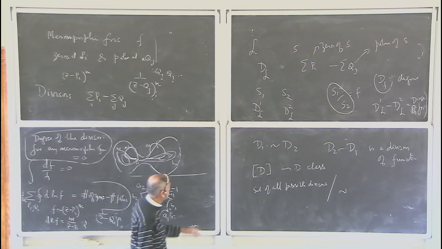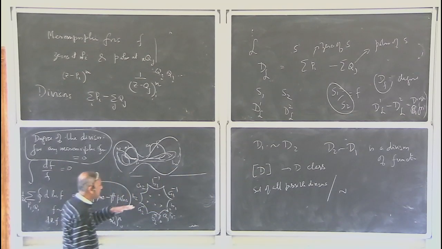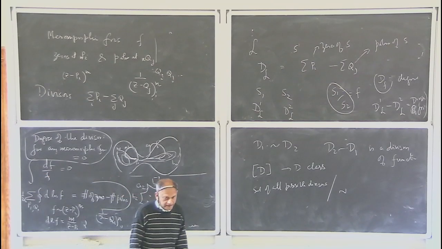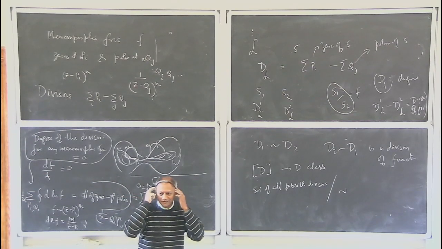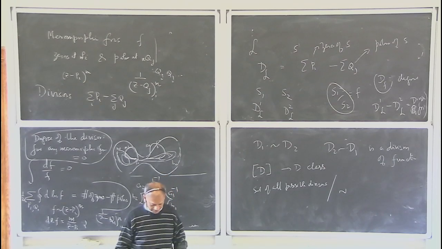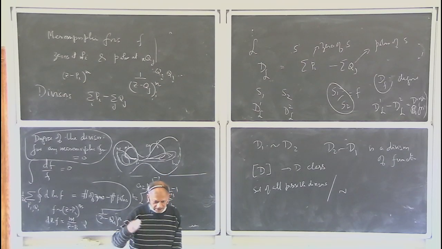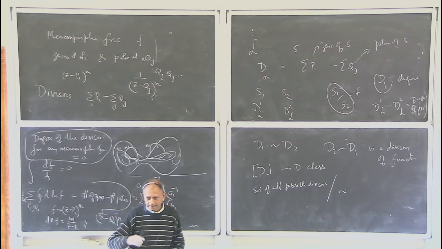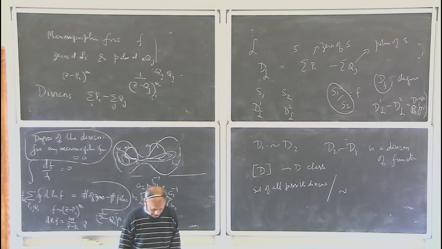Of course, we also learn that given a line bundle, the degree is always going to be fixed, right? The degree of any divisor of any section will be fixed. A degree, of course, is an integer, because that's a number counting the zeros and poles. So there is a classification of all the line bundles by giving the degree, but that is not the whole story. There's a bit more than that, and we'll come to that in a moment.